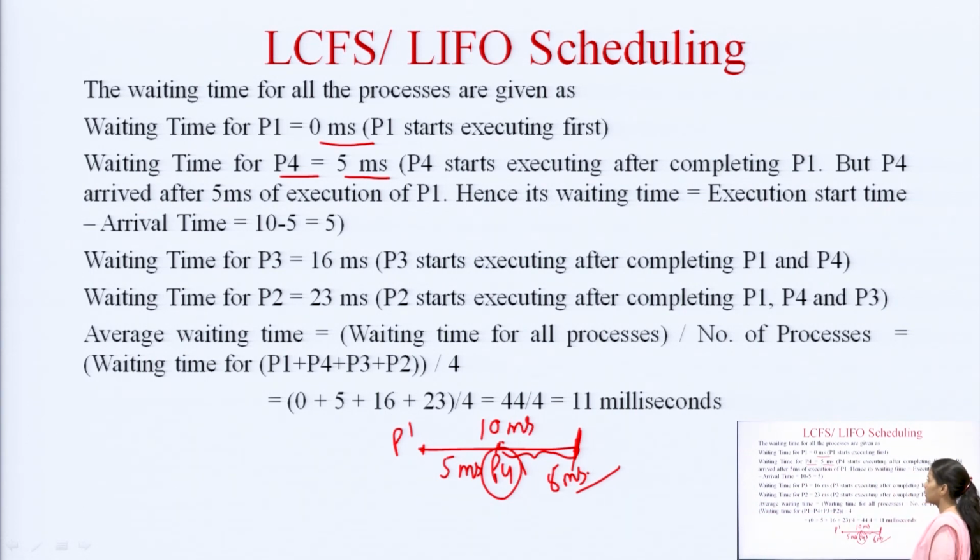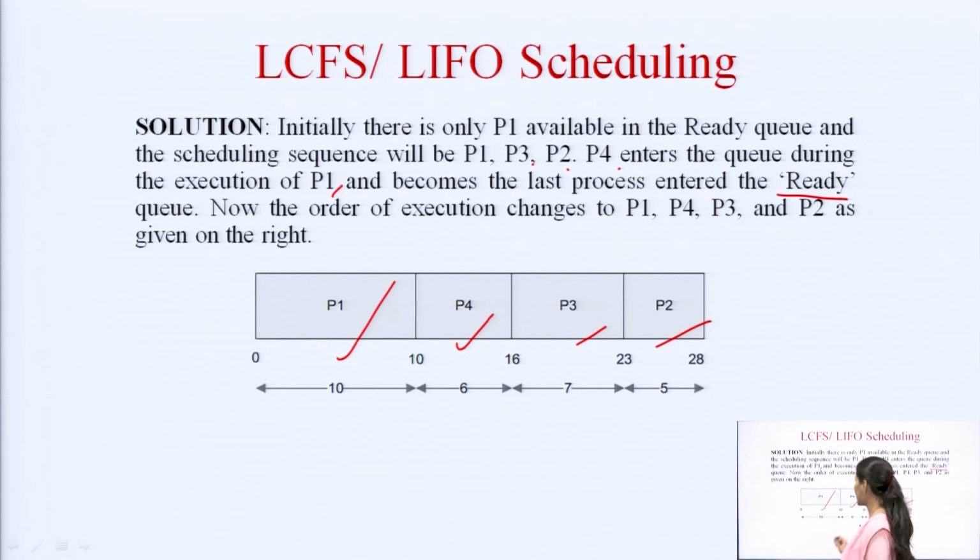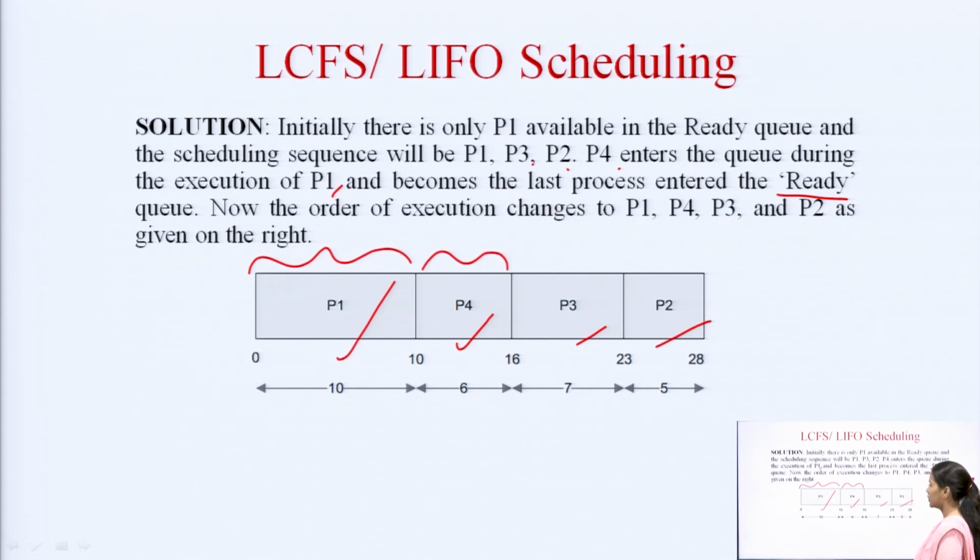The waiting time for P3 is 16 milliseconds, because 10 milliseconds are taken by P1 and 6 milliseconds are taken by P4.